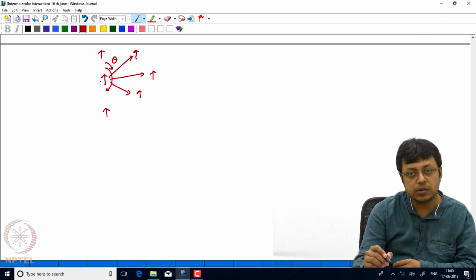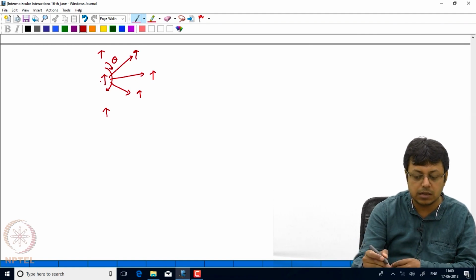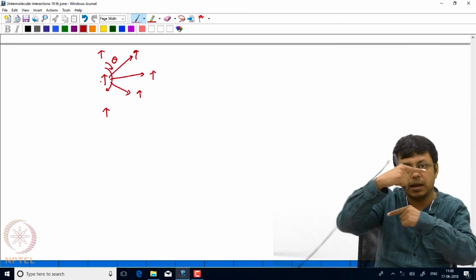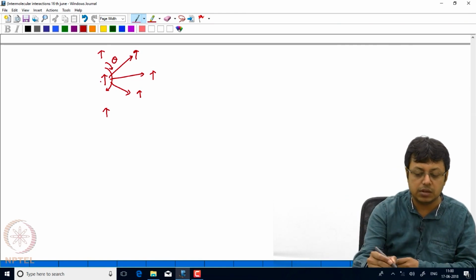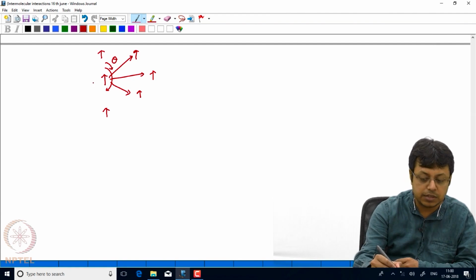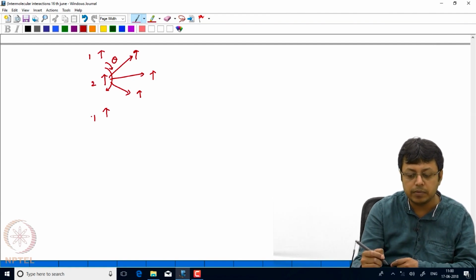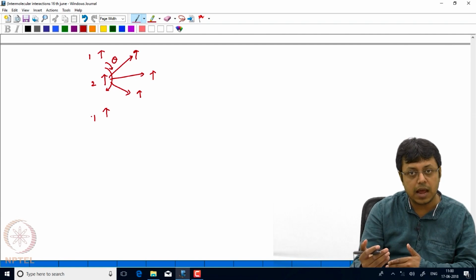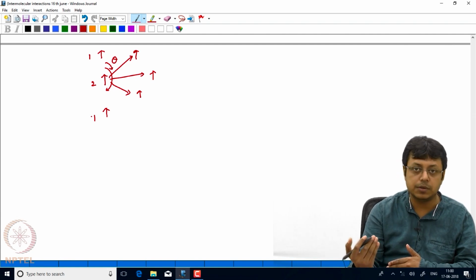At 90 degrees, it will be the most repulsive orientation, because as we said, there should be a slip angle always. So I can have head to tail to head kind of interactions, because we fix dipole 2 here and dipole 1 we are rotating, and with respect to that we will have some preferred orientation of one dipole with respect to the other.